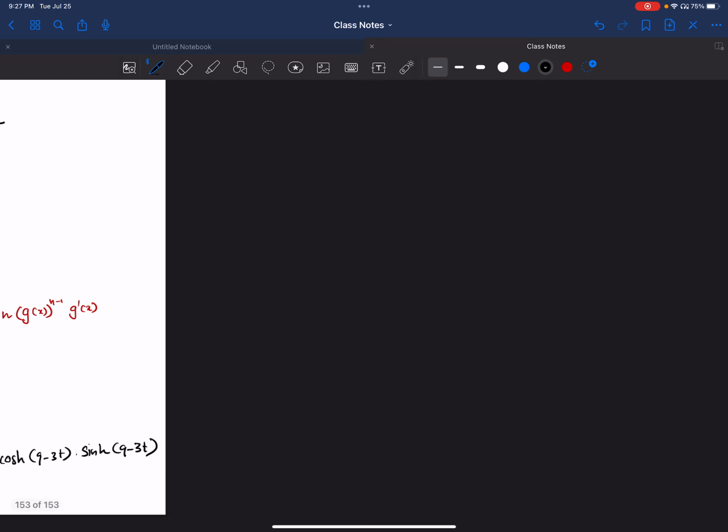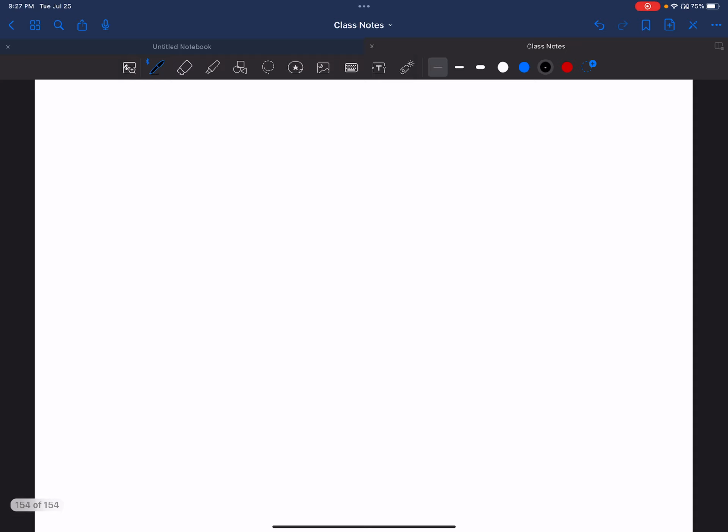If I do another example, you are given y is equal to hyperbolic cotangent t divided by 1 plus hyperbolic tangent t. We need to find dy over dt.